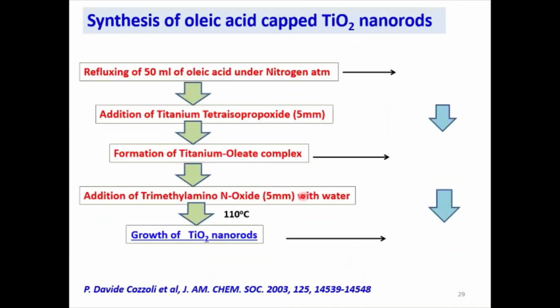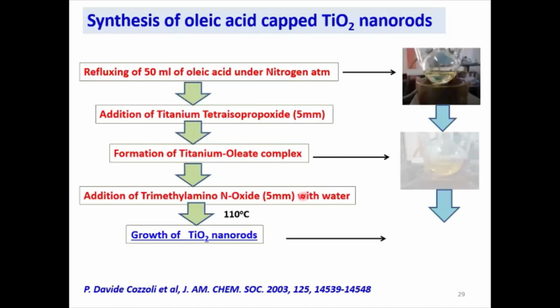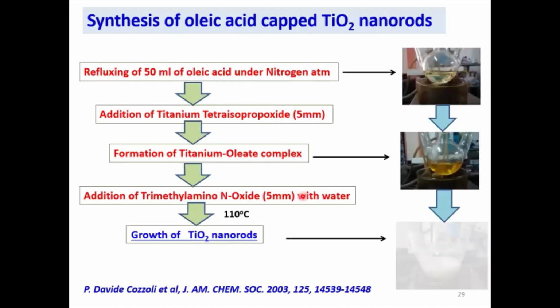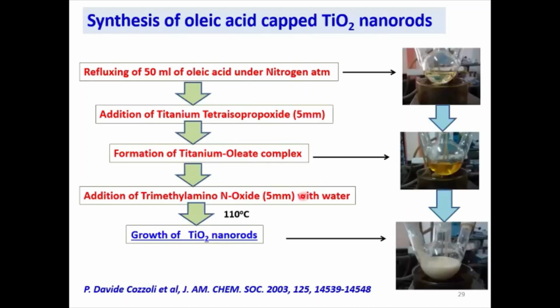This is about chalcogenides. We also prepared oxides, titanium oxide, using the same hot injection process, for which we have taken titanium tetraisopropoxide as a precursor and oleic acid as the surfactant. We try to have the reaction like this. You just reflux this oleic acid with nitrogen and heat it to close to its boiling temperature.